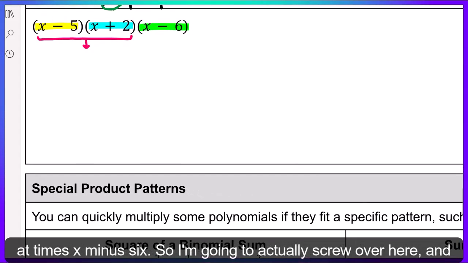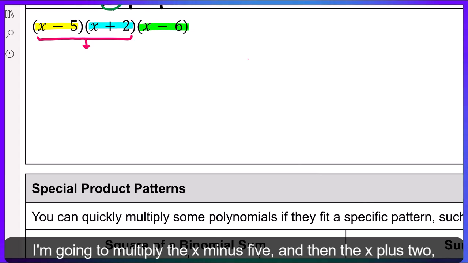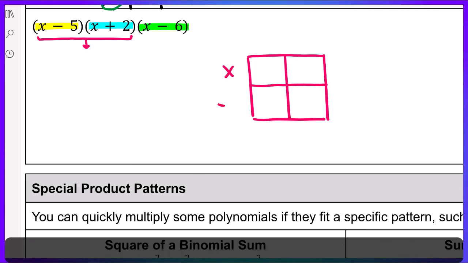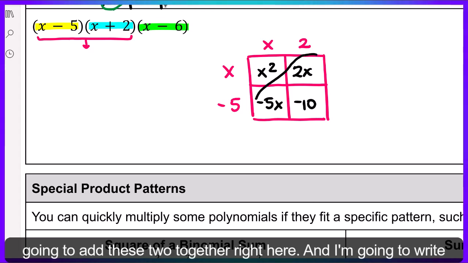So I'm going to actually scoot over here, and I'm going to multiply the x minus 5 and then the x plus 2. And I'm going to add these two together right here. And I'm going to write my result underneath.